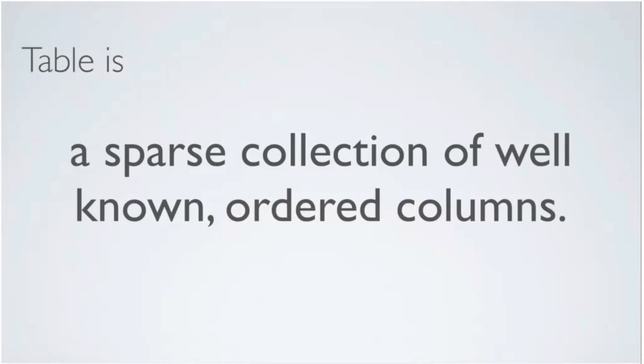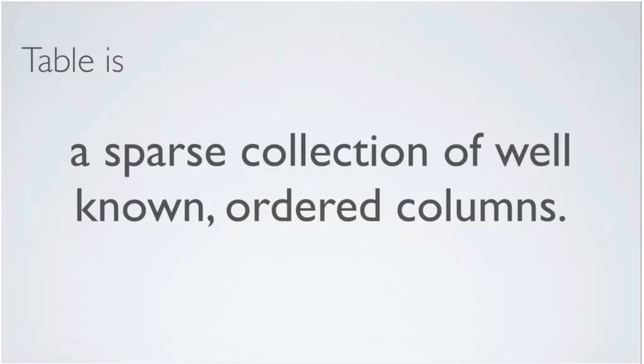So the next thing we want to do is create some tables. Now these are sort of the CQL3 version of what previously we called a column family. Under the hood, they're still column families, but they look a bit different through CQL3. So we could say that a table in CQL3 is a sparse collection of well-known ordered columns. I say they're well-known because they're all defined in a create table statement.